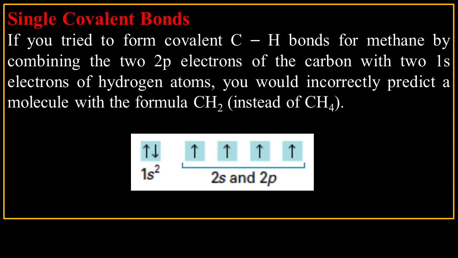If you tried to form covalent C-H bonds for methane by combining the 2p electrons of the carbon with 2 1s electrons of a hydrogen atom, you would incorrectly predict a molecule with a formula of CH2 instead of CH4. So you're going to have this hybridization. It's called sp3.